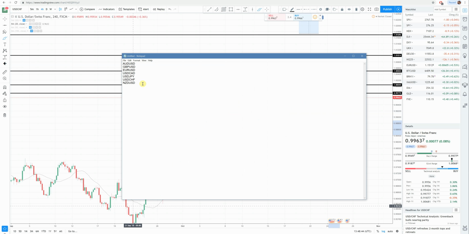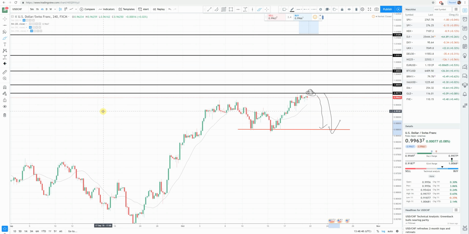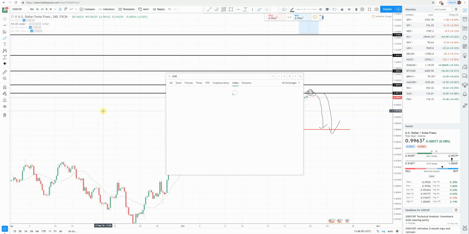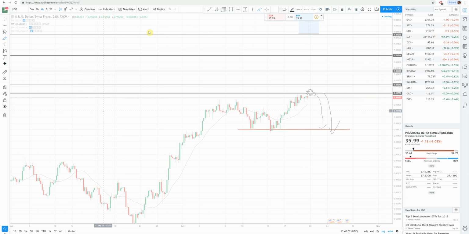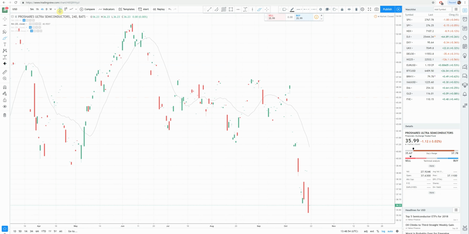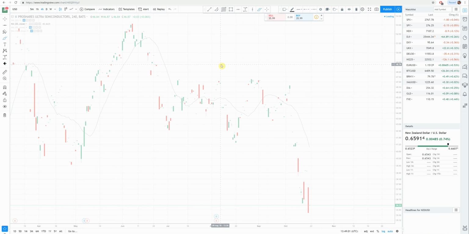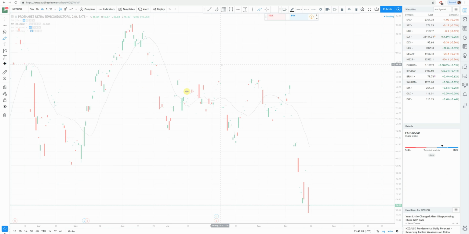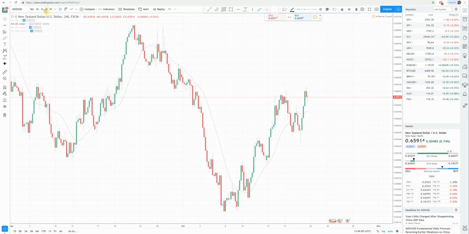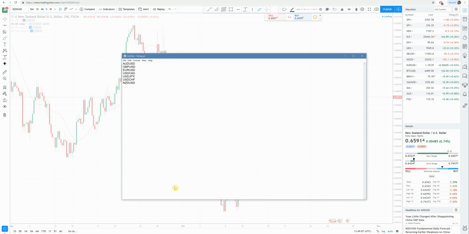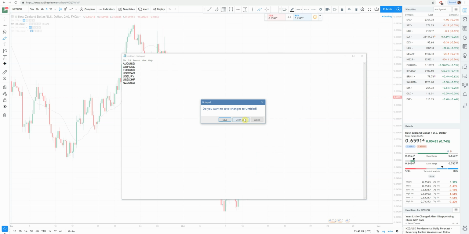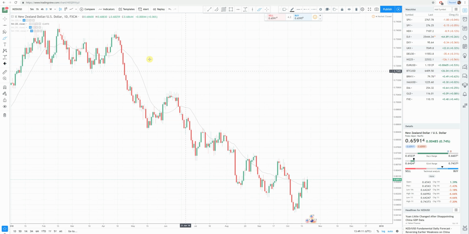And finally, let's move on to the NZD USD pair, New Zealand dollar, US dollar. I know, NZD USD. Okay.